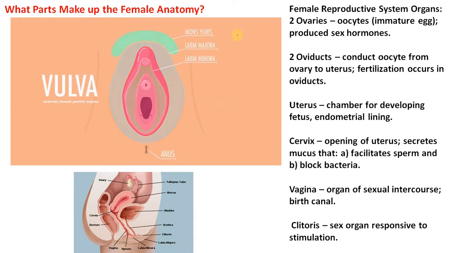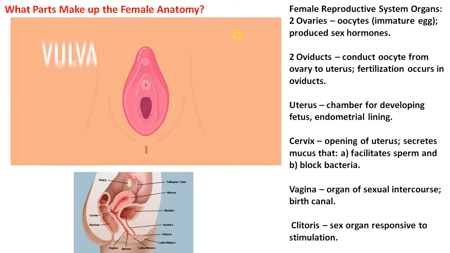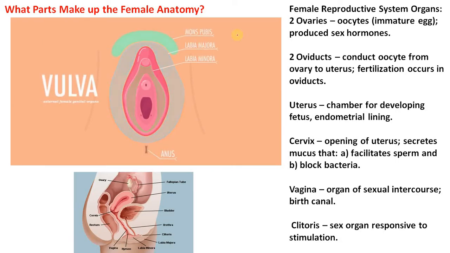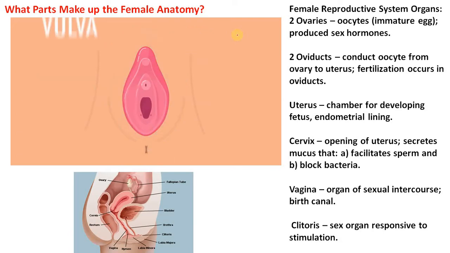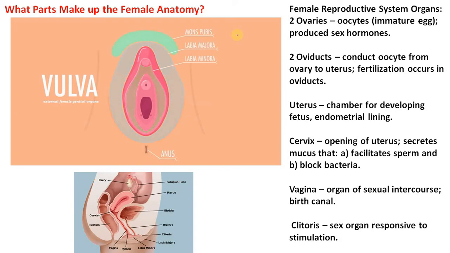So, what is the importance of the female reproductive system? The primary function of the female reproductive system is to produce the female egg cells which are essential for reproduction. These are called ova or oocytes. The entire system is designed for transporting the ova to the exact fertilization site.